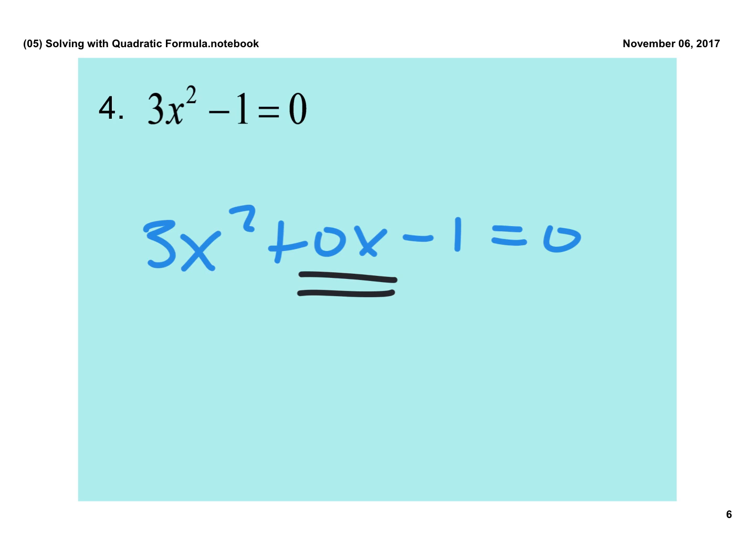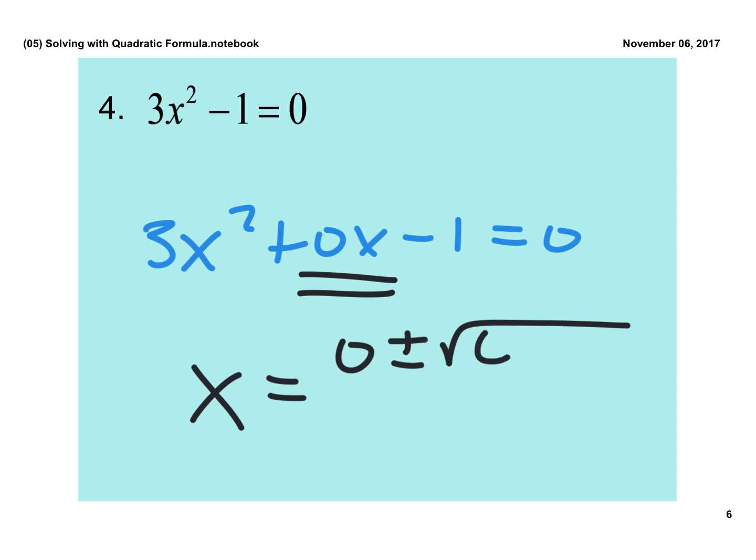Madison, tell me how to do the quadratic formula here. x equals 0, plus minus square root of 9... B squared is not 9. 0. 0. Minus 4, 3, and negative 1.